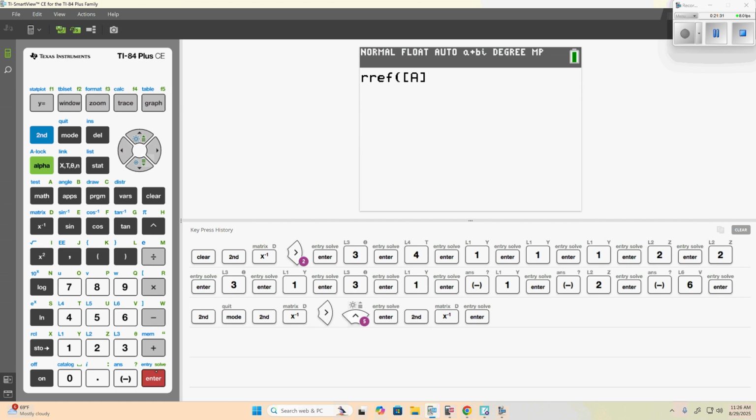You're good? I just got the number 10. What do we do? Second, quit, second mode. Second matrix. Go over one. And now we're going to find enter. Second matrix. Enter. One more time. Hit enter again. Apparently I pressed the wrong one.